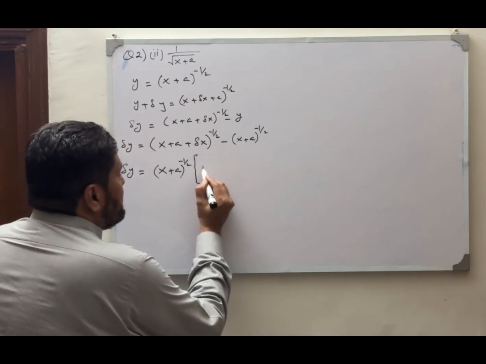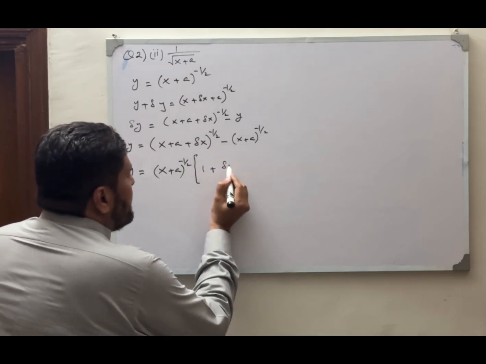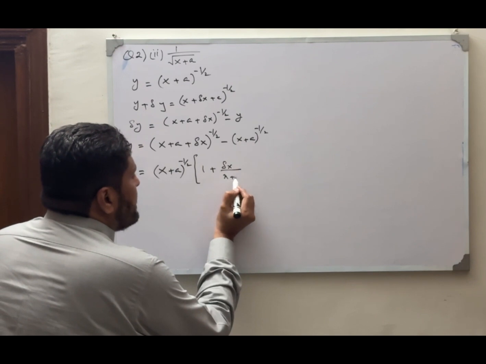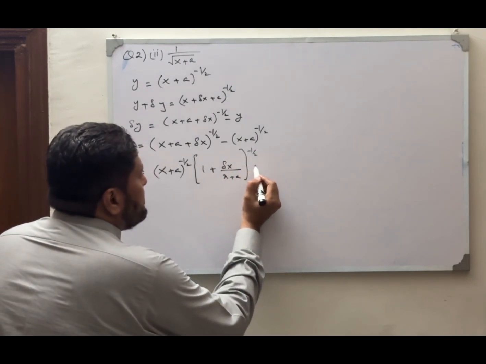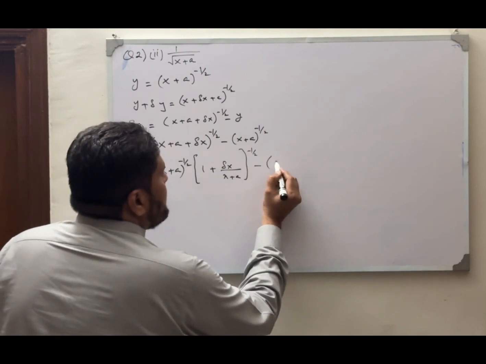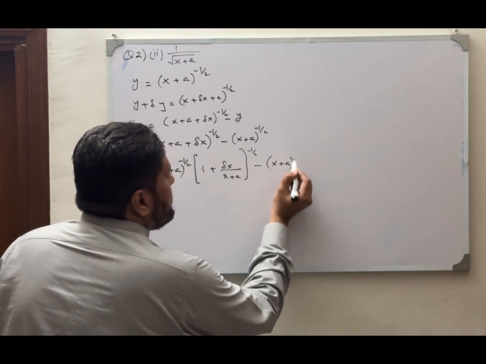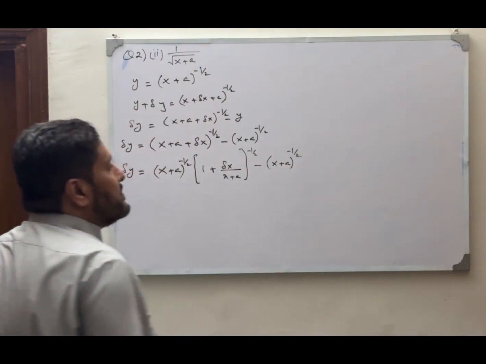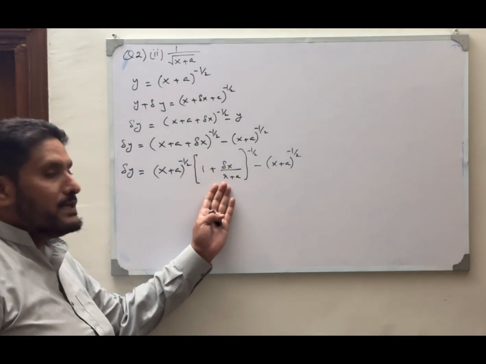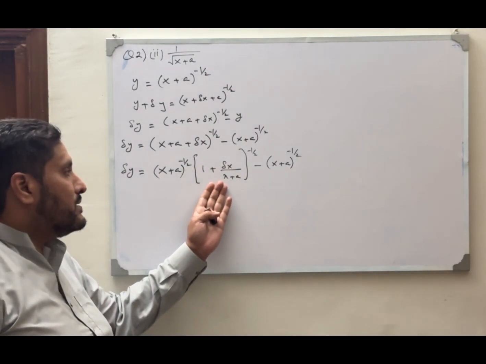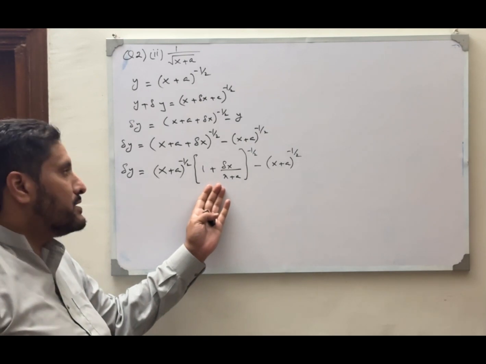The remaining term will become (1 plus delta x by (x plus a)) whole power minus 1 by 2, minus (x plus a) power minus 1 by 2. So in this expression we have to apply the binomial expansion.